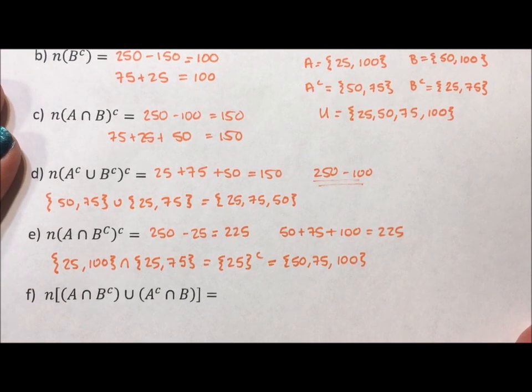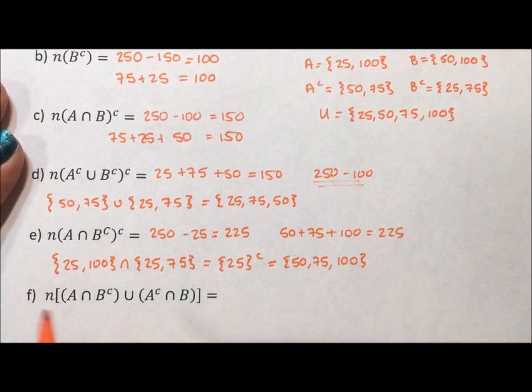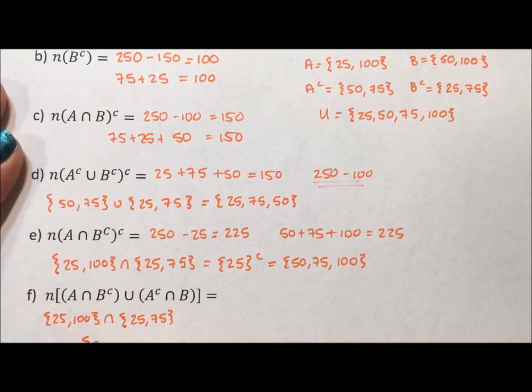All right, next, A intersection B complement. A is 25, 100. B complement is 25, 75. The intersection of these is 25. All right, A complement is 50, 75.